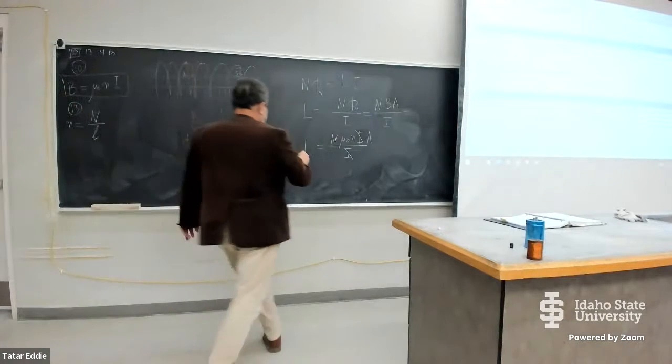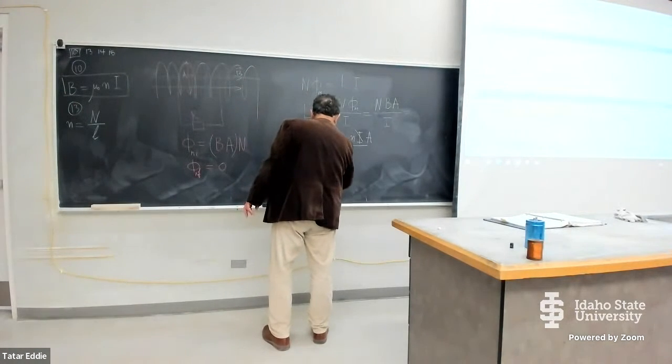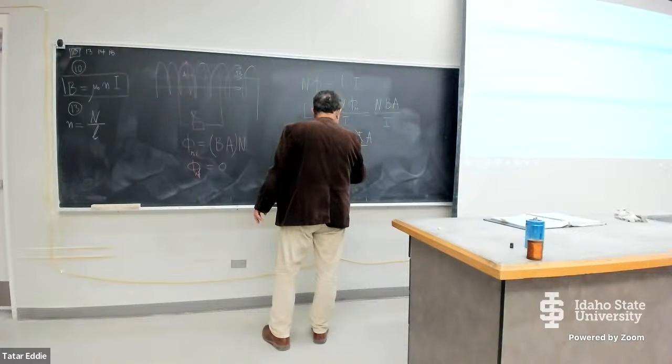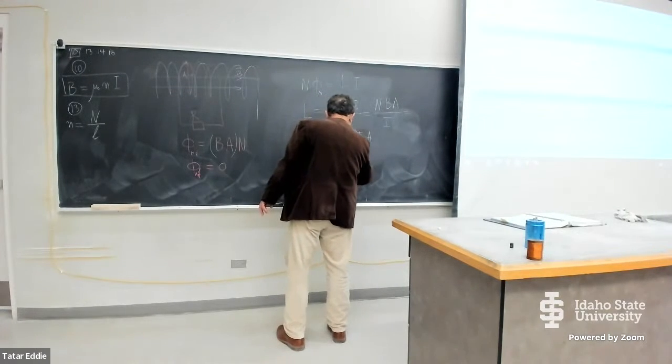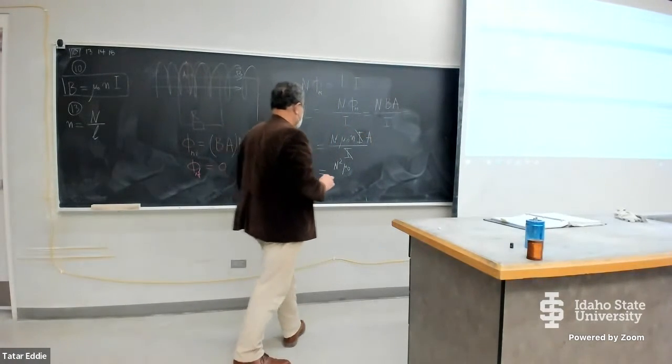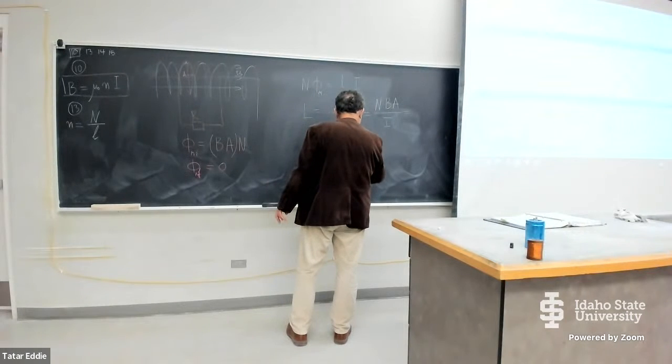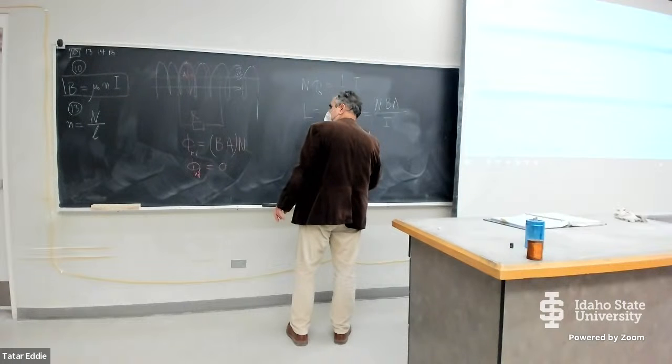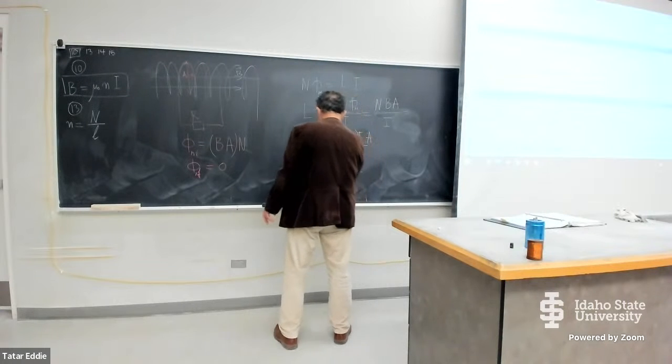In other words, the inductance of a solenoid becomes equal to number of turns squared, magnetic permeability times area, divided by the length of the solenoid.